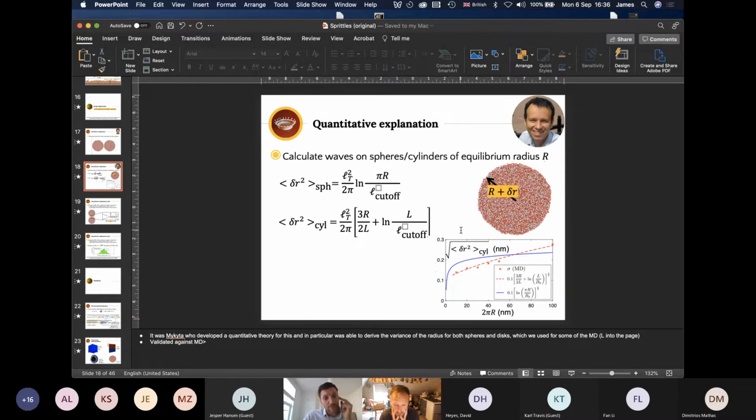So the spherical one's really boring in some sense. It's the same as the planar 3D case, except your cutoff is no longer the length of the film. It's 2 pi r, roughly, crudely. So it's the perimeter, because you can think of it as a planar film that's periodic, and the period is obviously going to be 2 pi r. The cylindrical case took a lot more work, because there you have r, which is the radius, and L, which is the length of the cylinder.